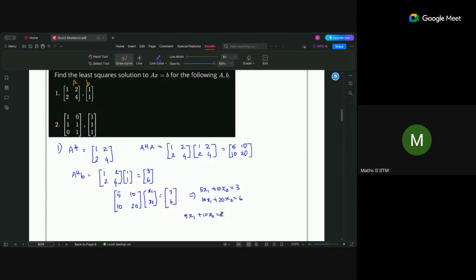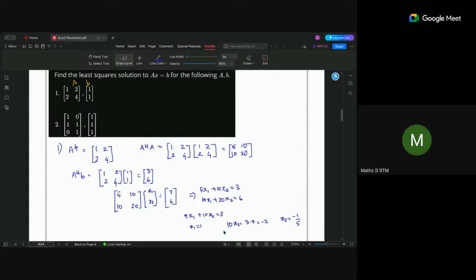Suppose you put, for example, x1 is equal to 1, then what should be your x2? If x1 is equal to 1, what should be your x2? So you have 10x2 is equal to 3 minus 5, which is minus 2. So x2 is equal to minus 1 by 5, right?